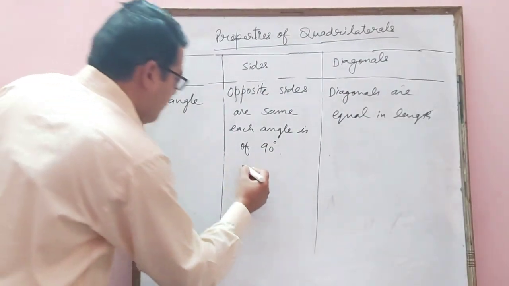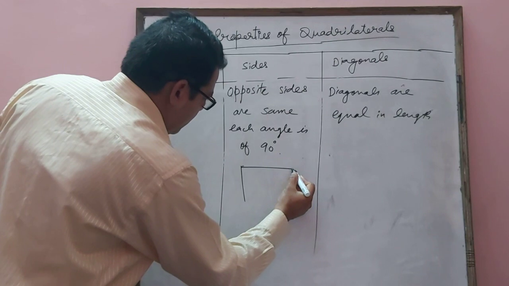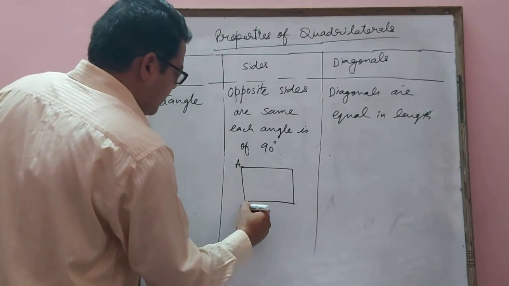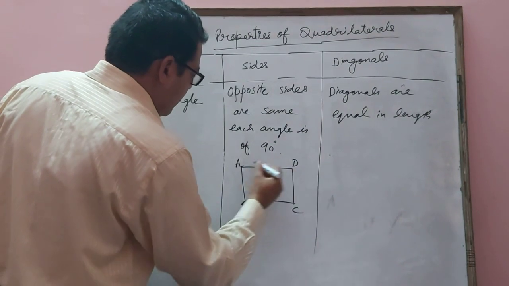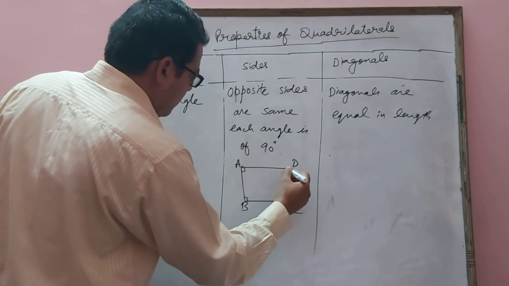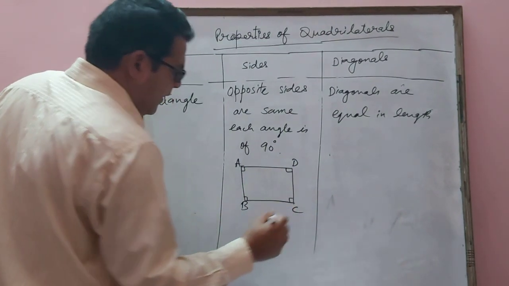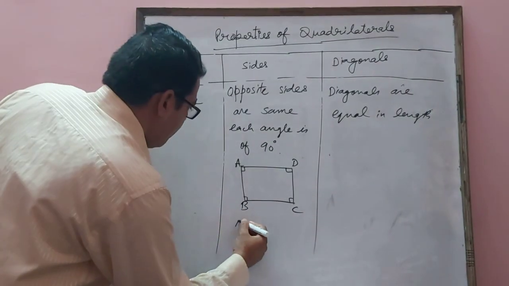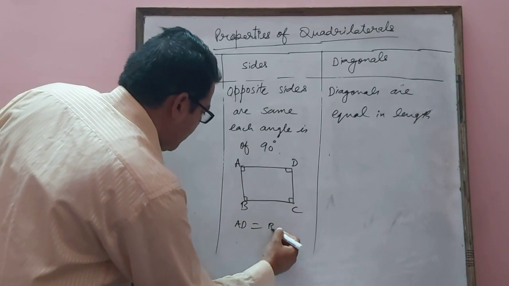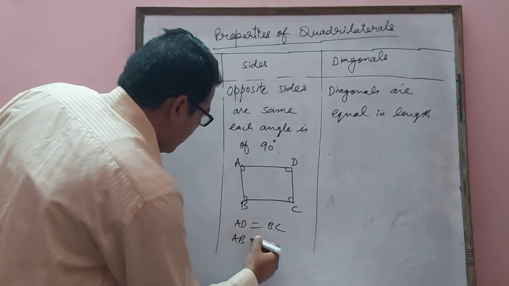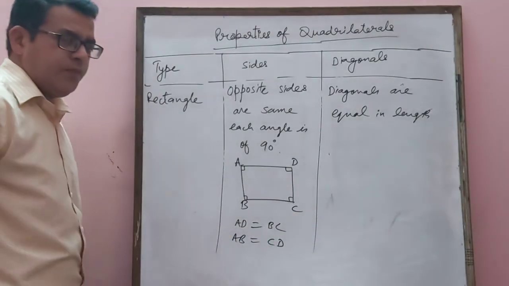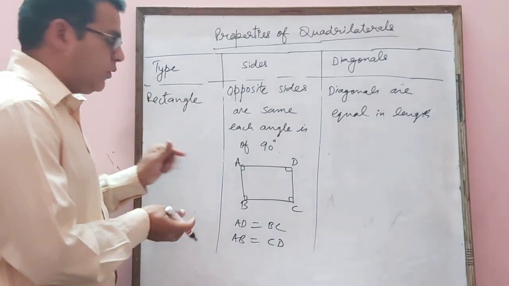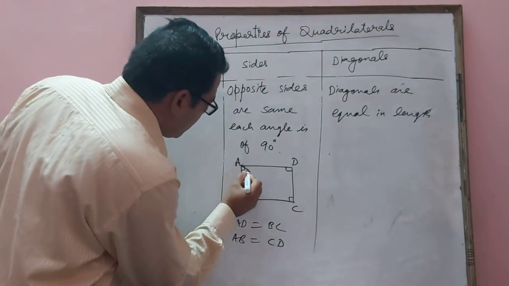So this is an example of a rectangle. This is A, this is B, this is C, this is D. All angles are 90 degrees, right? And opposite sides are the same, meaning AD equals BC, AB equals CD. Of course, opposite sides are parallel also. You must know this. And what about diagonals?